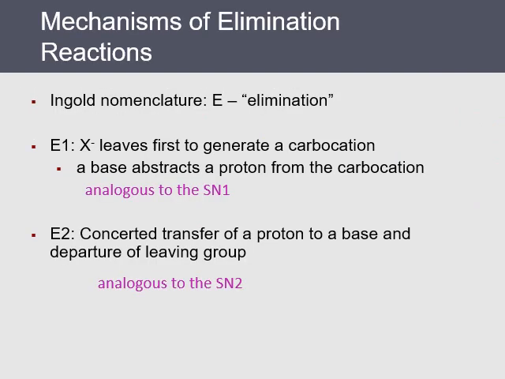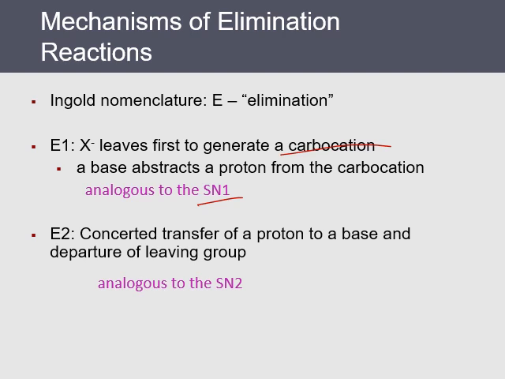Elimination reactions undergo several types of mechanisms. One is E1. E1 is similar to SN1 in that first the leaving group leaves the substrate and forms a carbocation. Then the second step, instead of a nucleophile attacking the carbocation, a base attacks the hydrogen adjacent to the carbocation and forms a double bond.